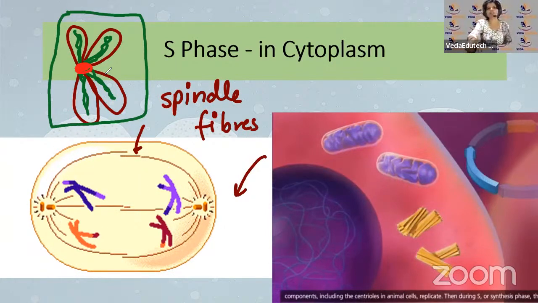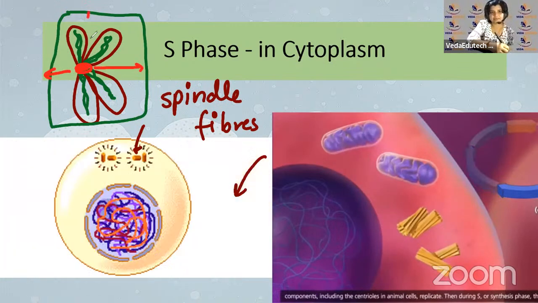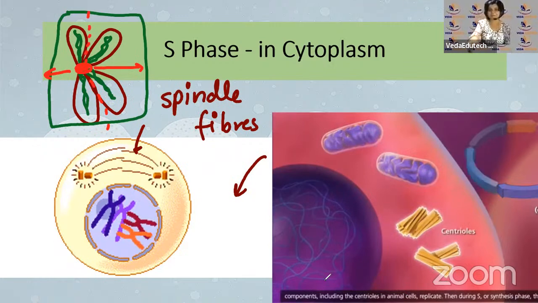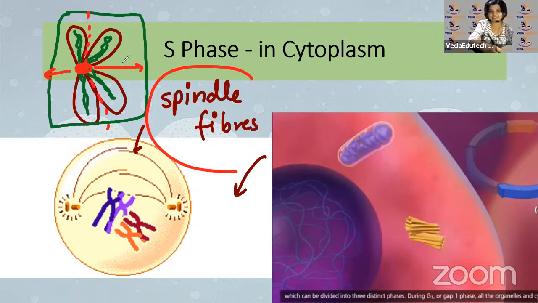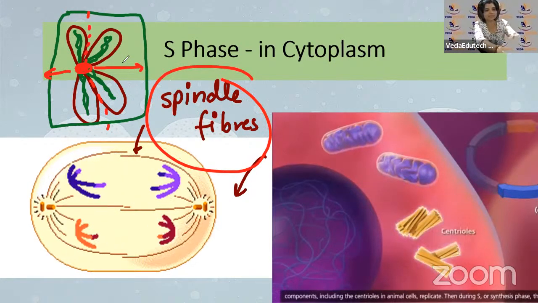So what do we do for that? We have to pull these away. Who will pull these away? Spindle fibers. Spindle fibers are going to pull these away from each other.